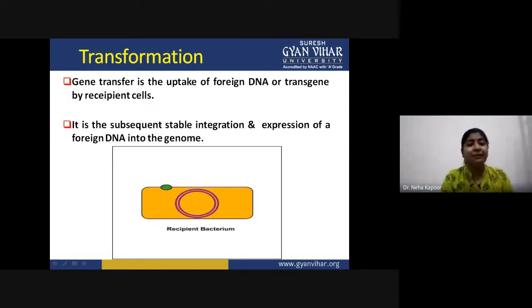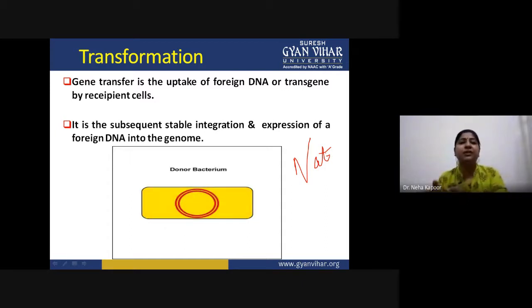This animation is showing natural transformation because this is happening naturally in the environment. Whenever a bacterium lyses, its foreign DNA automatically gets taken up by a recipient bacterium, in which RecA protein plays the major role.